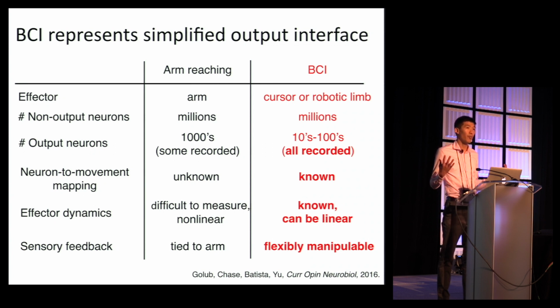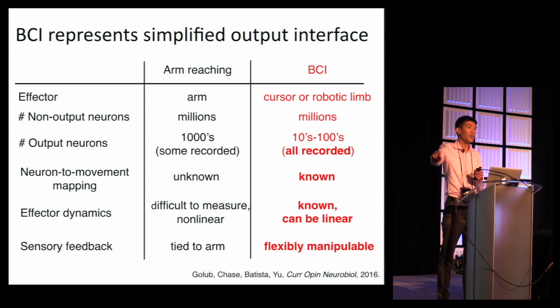These are all the neurons in the brain, and they all work together during BCI control. A key difference here is that the number of output neurons is smaller, and we get to record from all of them, by definition. In the way in which we've set up the brain-computer interface, all neurons in the brain can participate, but only those neurons that we record from can directly affect movement.